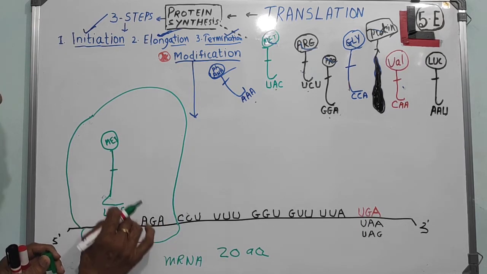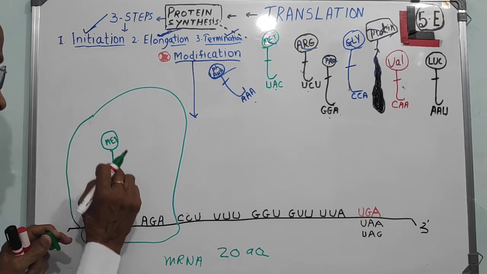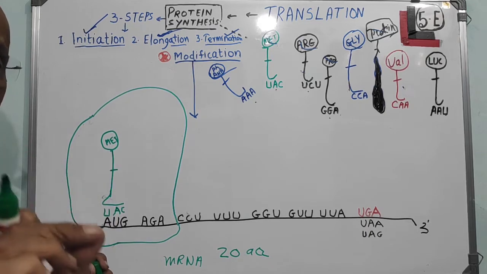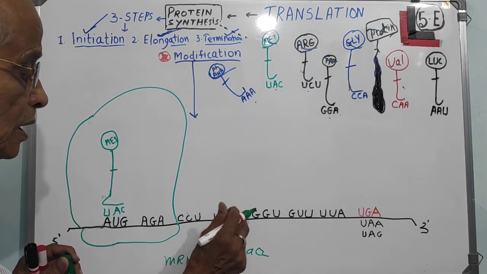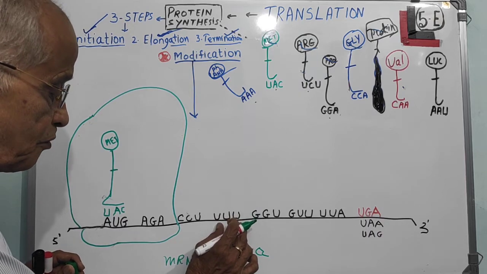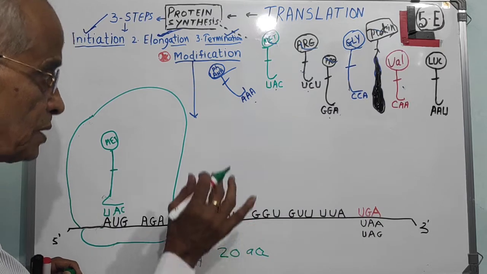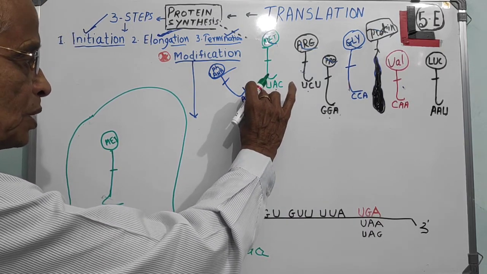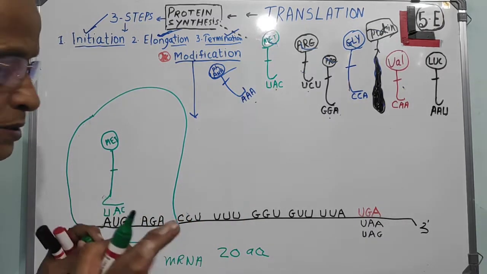The larger unit will have with it the energized molecule of the tRNA, which will contain a particular anticodon. So we know that the three triplet letters on the mRNA are called the codon. Triplet letters on the tRNA molecule are called the anticodon. These things we already learned.